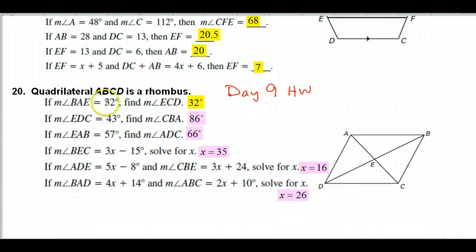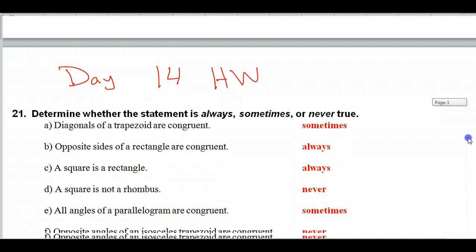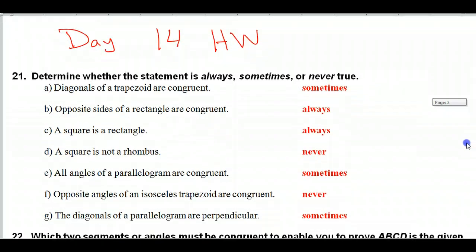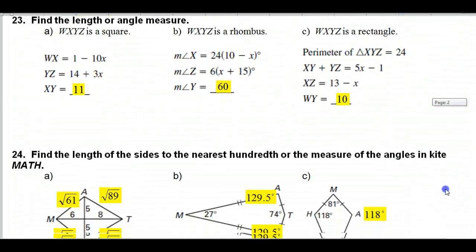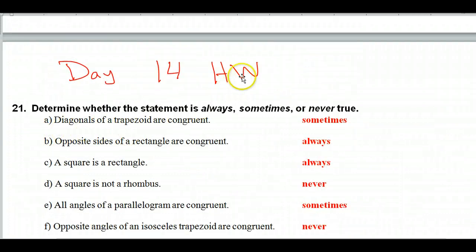So if you have a question about problem number 20, go watch the day 9 homework video. Now flipping over to the back side of this review, the entire back page of this review is the day 14 homework. So if you have any questions about this back page, just go take a look at the day 14 homework video, and that will answer all your questions.